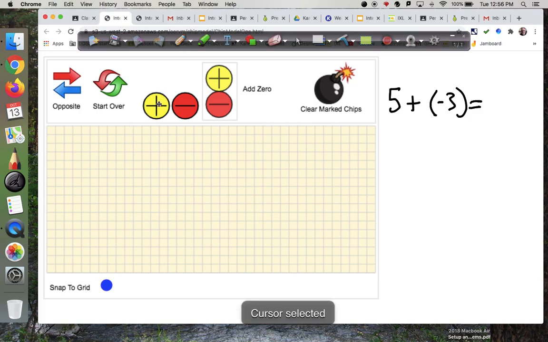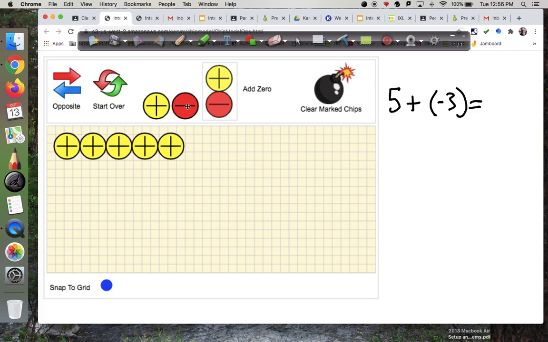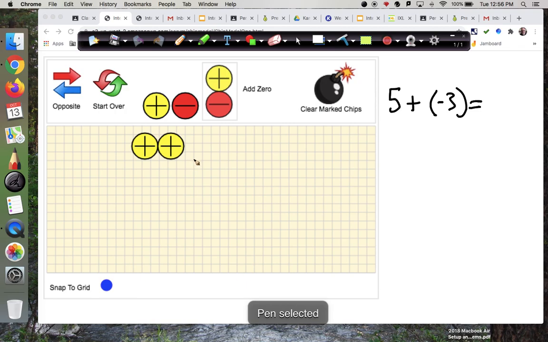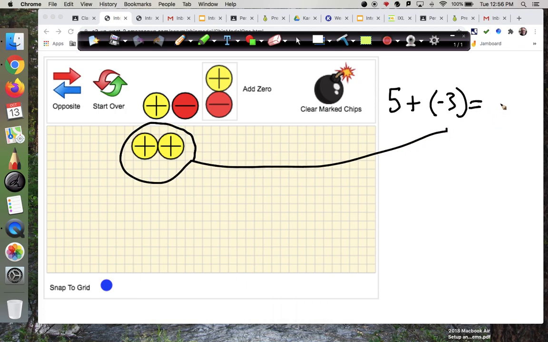So 1, 2, 3, 4, 5. And then we're going to put 3 negatives out. So we've added 3 negatives. And we just zero those out. And whatever you have left, that's the answer. So positive 2.